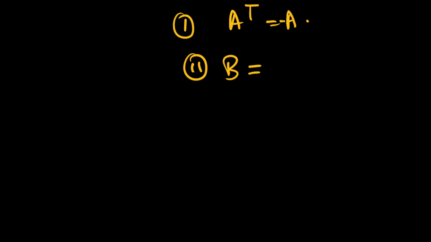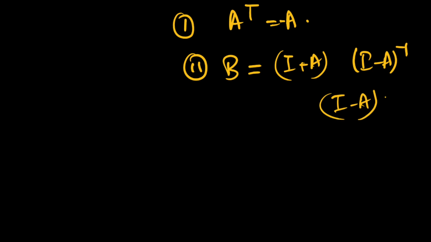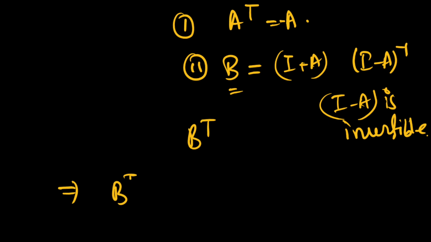So overall, in the question we check that the matrix A is a skew-symmetric matrix. We got A transpose is equal to minus A. Again we got B is equal to (I plus A) times (I minus A) inverse, because we checked that I minus A is an invertible matrix. Then we find B transpose, and finally we find B transpose B is equal to the identity matrix.